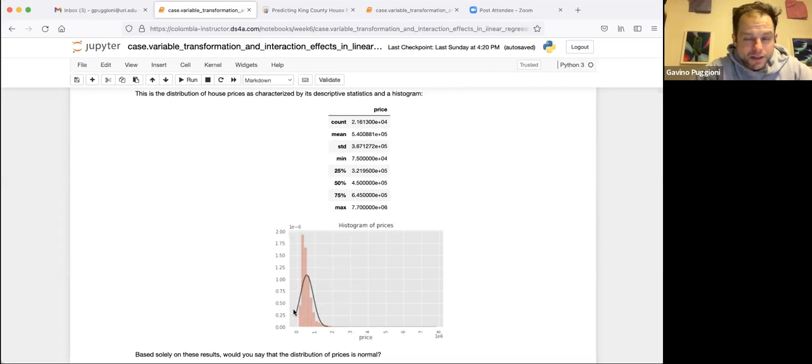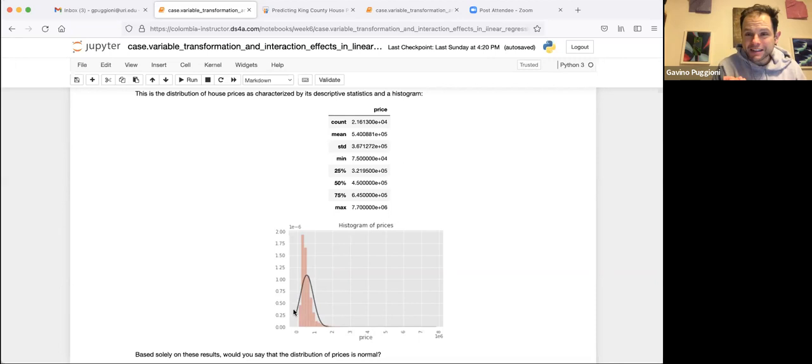And that means that when you have a variable that is always positive, the normal has to be used with caution. The reason is that, as you know, the normal distribution is defined between negative infinity and positive infinity. That means that if we use the normal for the price, we would be using a distribution that contains negative values.